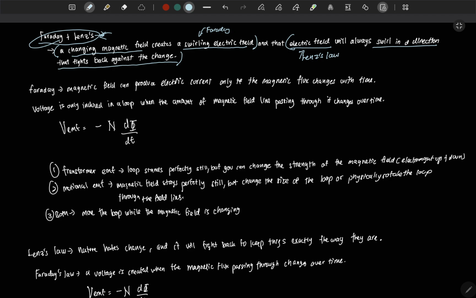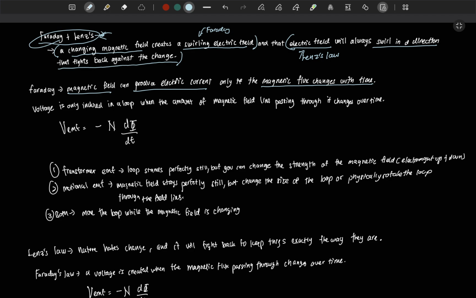Now if we see one by one, Faraday tells us a magnetic field can produce electric current only if the magnetic flux changes over time. We know that Faraday said a magnetic field can produce an electric field. That is the base one-liner.